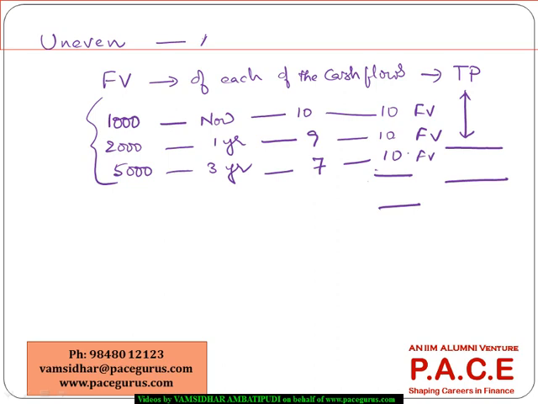If this 1000 has been deposited for 10 years, and 2000 after 1 year for another 10 years, then obviously I cannot add the two future values, because this is the amount after 11 years, this is the amount after 10 years. I cannot add these two amounts. Only when the time periods are the same, the amounts can be added. That basic concept still needs to be kept in mind. Alright.